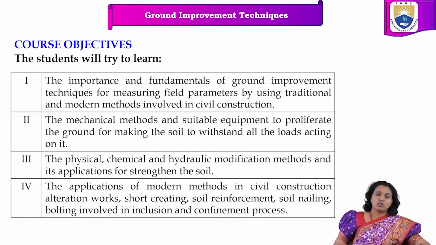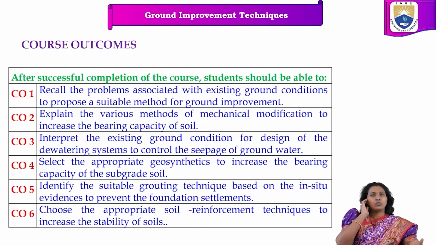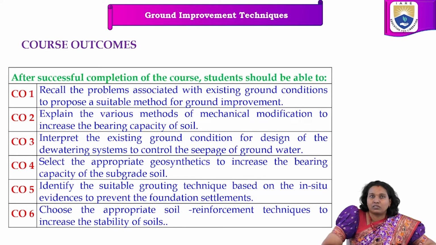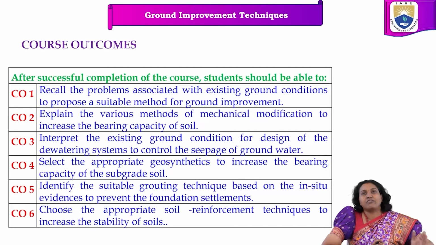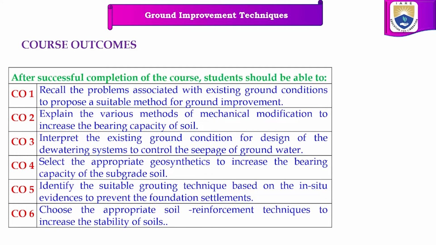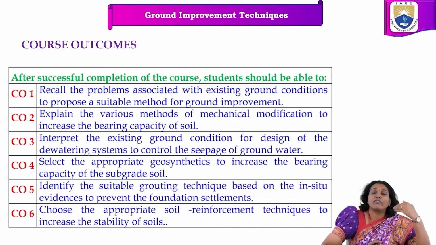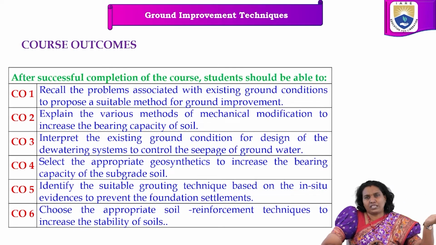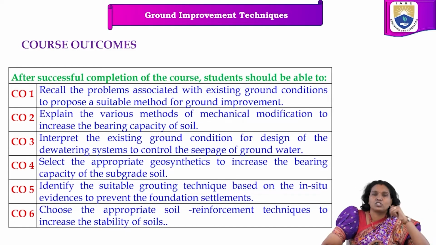These are all the course objectives. Coming to the outcomes, we have to recall the problems associated with ground condition to propose a suitable method for ground improvement. So coming to the problems associated with the existing ground conditions, we are going to understand this in our prerequisite subject, that is geotechnical engineering or soil mechanics.